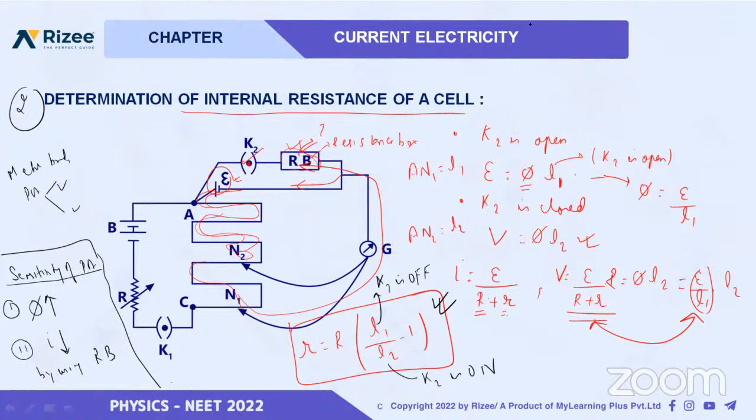These two things we do usually to increase the sensitivity of the potentiometer.